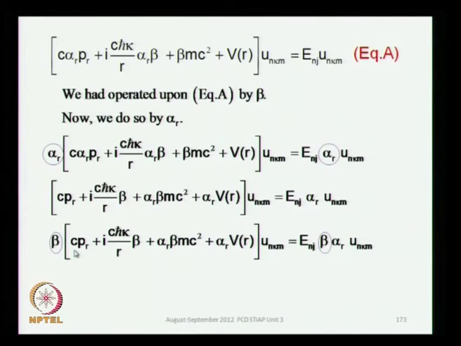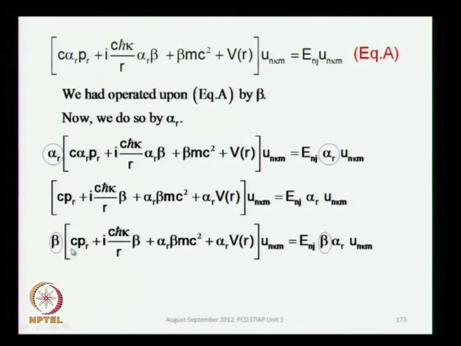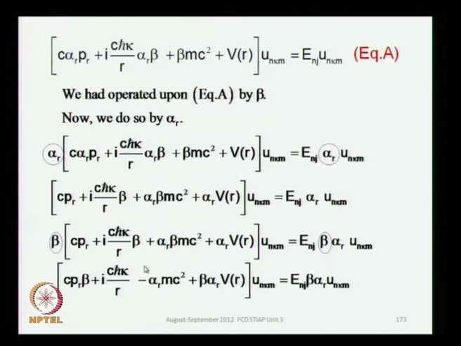These are some nice tricks that you play, but it also tells you that when you are dealing with this kind of mathematics, you know what you can do and what you stand to gain by doing so. So, you pre-multiply this by beta and now you get beta CPR, then beta will come here. Every term you have to pre-multiply by beta and take advantage of beta square being equal to 1.